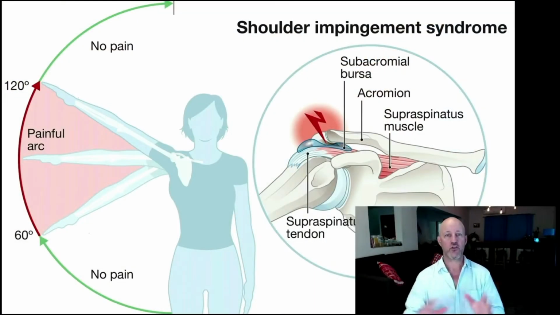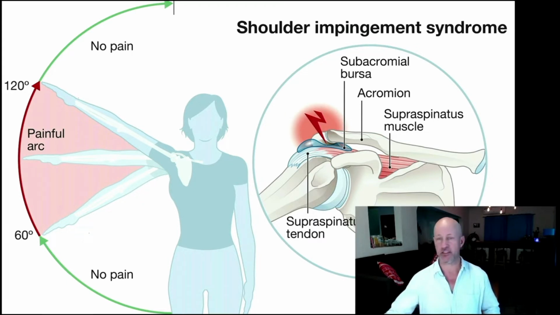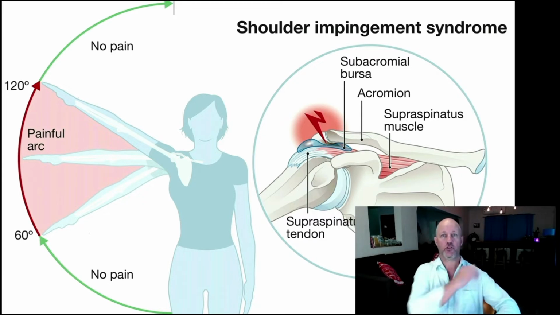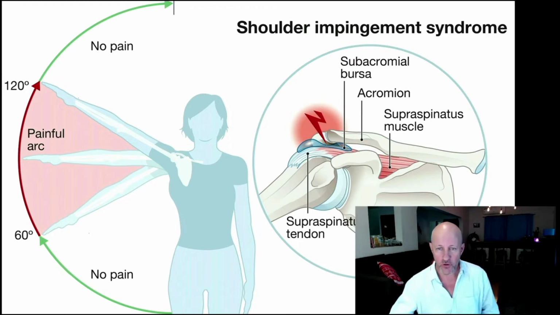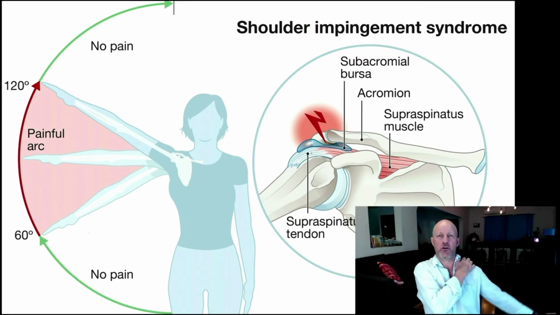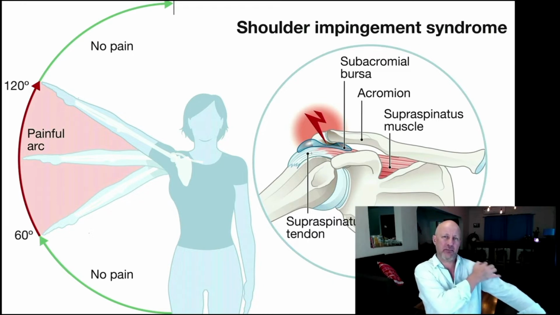All right, so let's have a look at this. Shoulder impingement syndrome, otherwise known as subacromial impingement syndrome. You remember you've got your acromion here, and what happens with this? It will generally be on top of the shoulder, might be a little bit down the side.